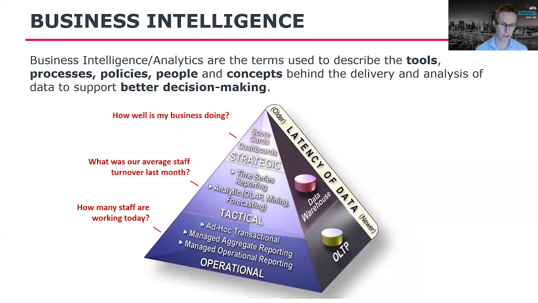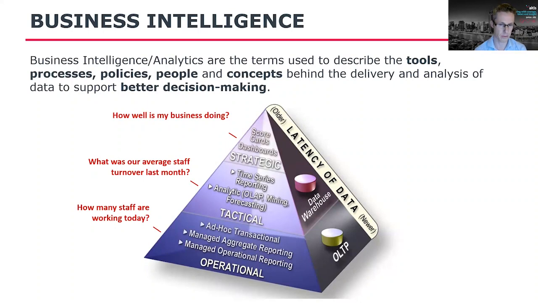So when reporting off this, we're getting real-time answers. So it answers these questions of how many staff have we got working today, what's happening as of last minute in our business. And this sort of data typically resides in, as I mentioned, our operational source systems, which are online transactional processing systems or OLTP systems.